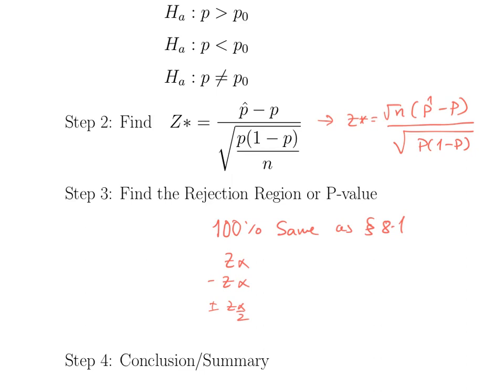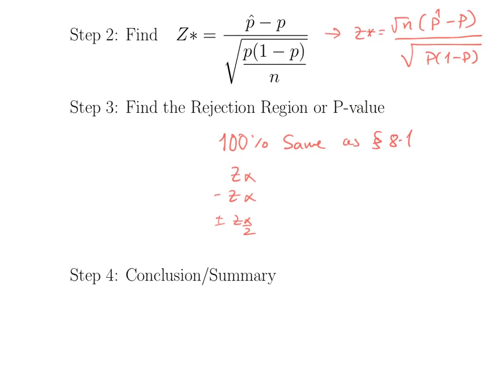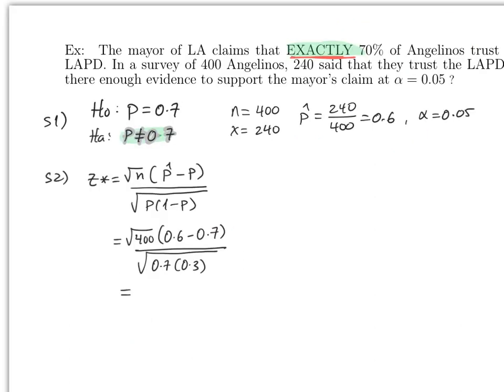So the rejection region and the p-value in this section are exactly the same as 8.1. And the conclusion is the same as before. You only have two choices: reject or fail to reject H0. That's it. Okay, so just try that.